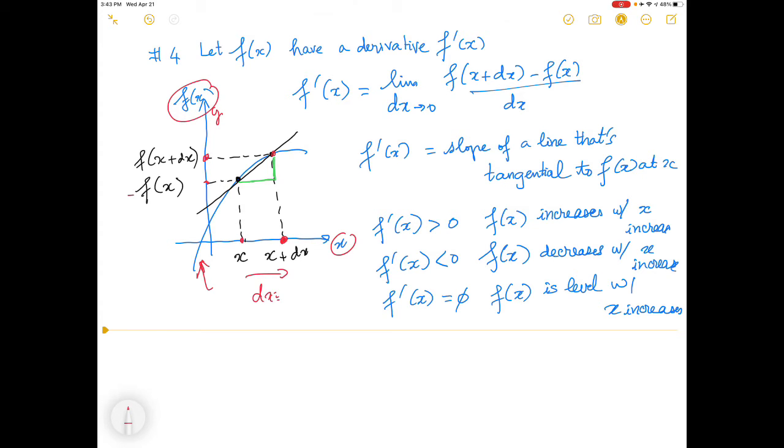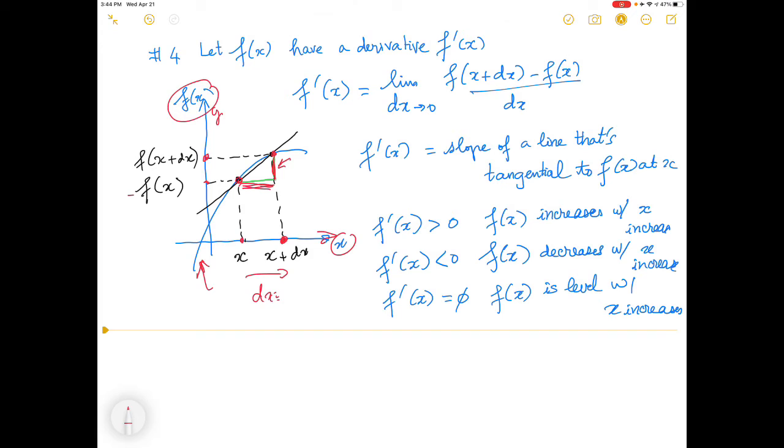First note that you can draw a line across these two points, and this line has a slope. A slope meaning how steep or how shallow it is with respect to the x-axis. And that slope is equal to the definition of this rise over this span.